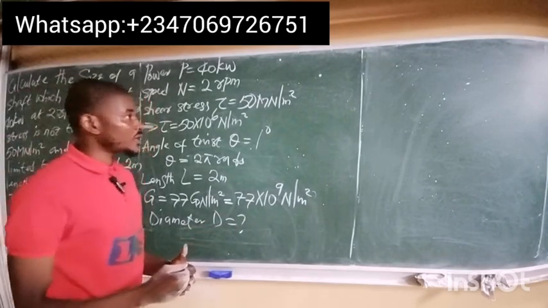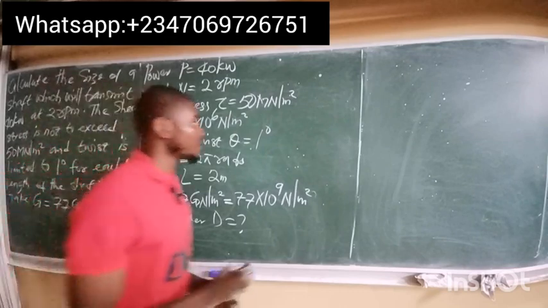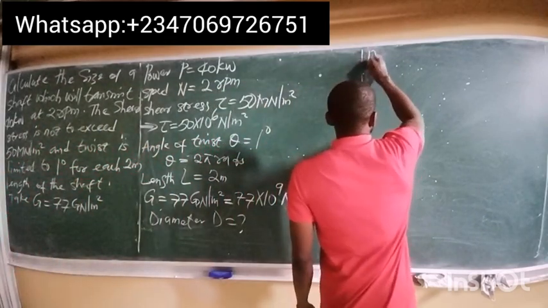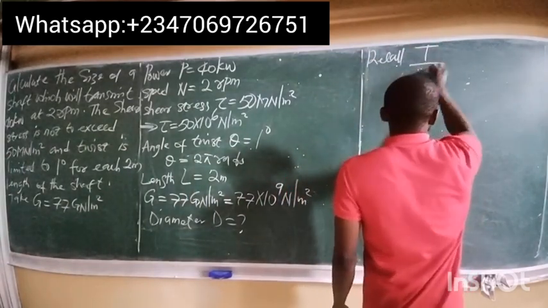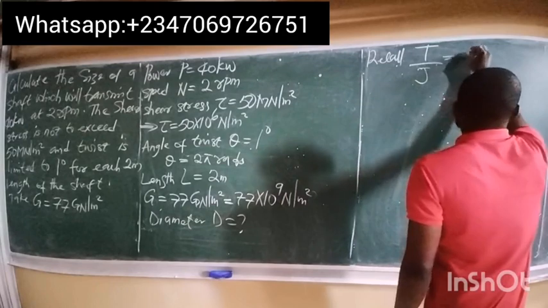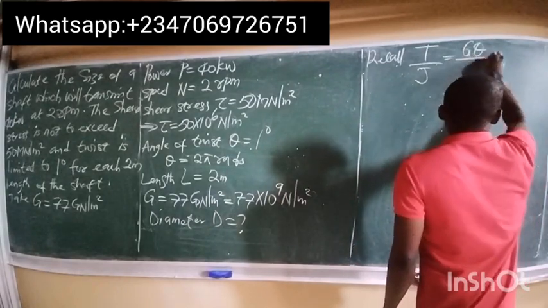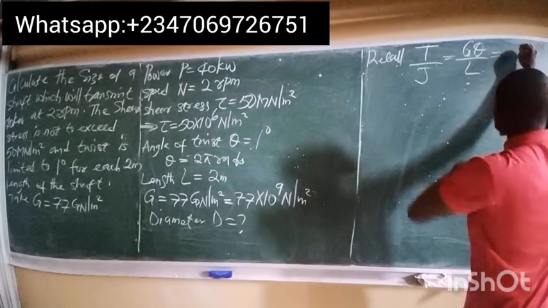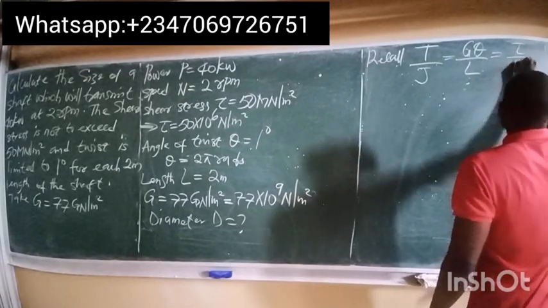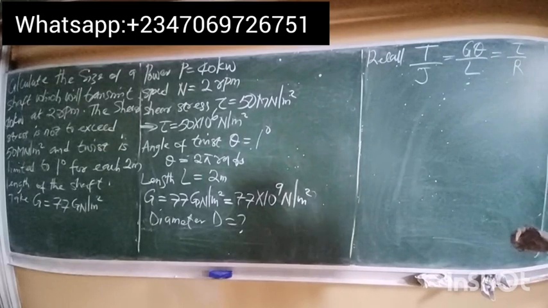Now let's recall our torsion equation. Recall that we have T over J equals G theta over L equals shear stress over radius. So this gives us the torsion equation.